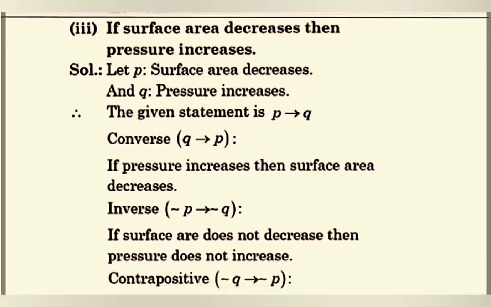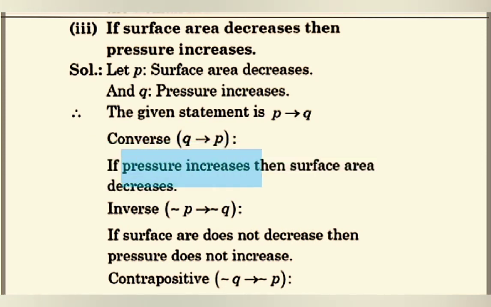Next question. If surface area decreases, then pressure increases. Write down the solution. P statement: surface area decreases, and Q: pressure increases. The statement in symbolic form is P implies Q, and its converse is Q implies P. In words: if pressure increases then surface area decreases.